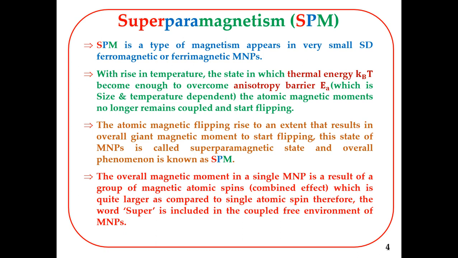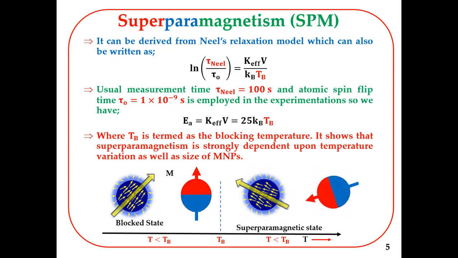In the superparamagnetic region, the thermal energy is dominant over the anisotropy energy, and the system in the superparamagnetic state behaves like a paramagnet. Below TB, we are in the blocked state, and the anisotropy energy is dominant. So you can see in the superparamagnetic state how the magnetization of the nanoparticle is flipping, and in the blocked state it is in a certain direction.